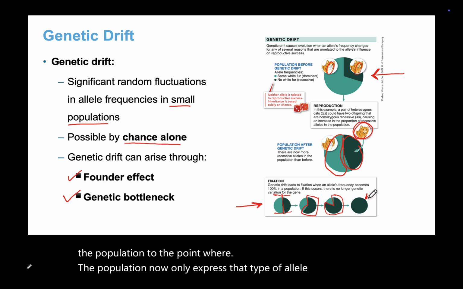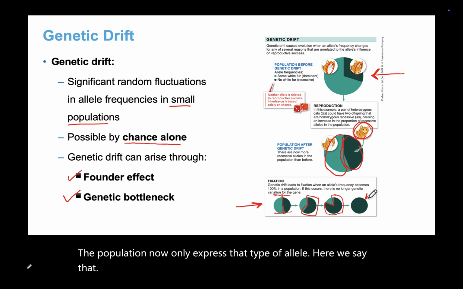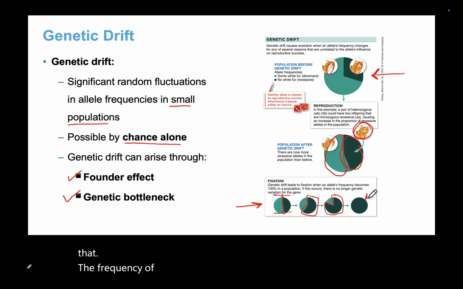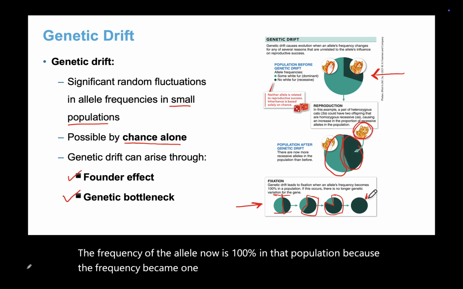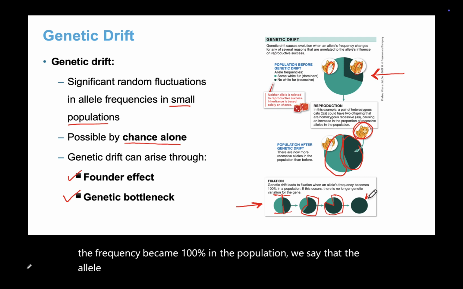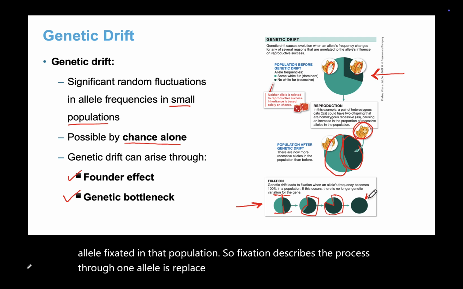Here we say that the frequency of the allele now is 100% in that population. Because the frequency became 100%, we say that the allele fixated in that population. So fixation describes the process through which one allele is replaced completely by the other, and that allele no longer exists in the population.